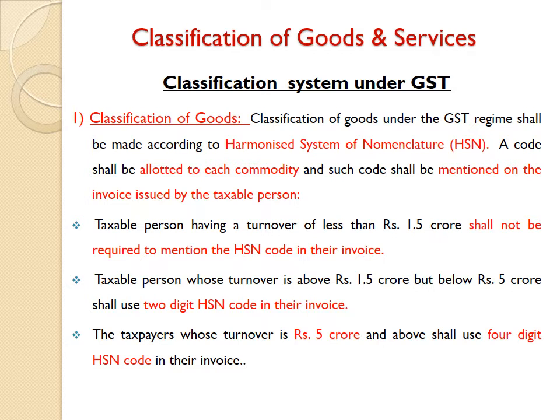We are looking at classification of goods. In case of goods, taxpayers having turnover more than 5 crore shall use a 4-digit HSN code on their invoice.